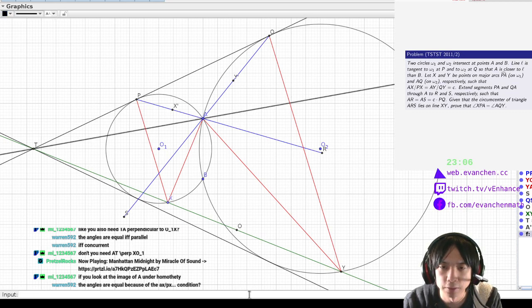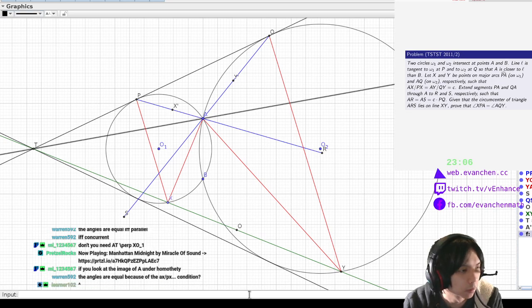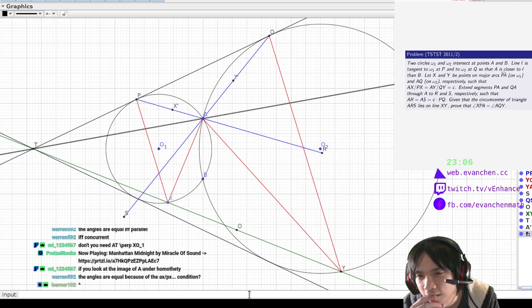AX over PX condition. Oh, what? Oh, so AX over PX and oh, that's so smart.